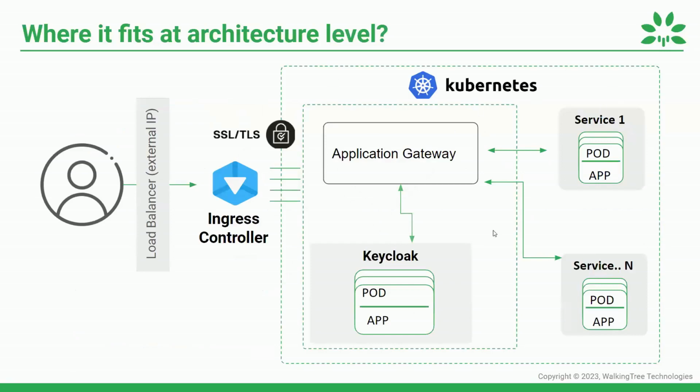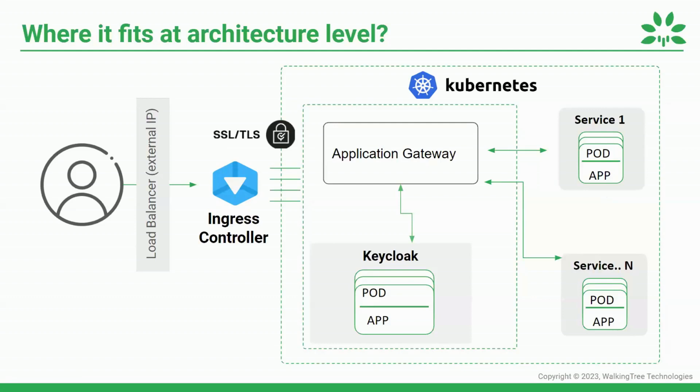the Kubernetes cluster, where it has an API gateway and a number of services running, with the ingress controller forwarding the requests to the services through the application gateway, where basically the application gateway is the gateway which validates the request and forwards the request to the specific service.